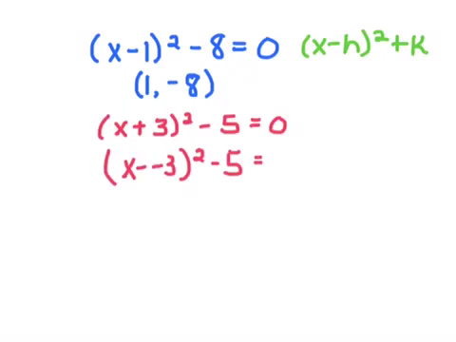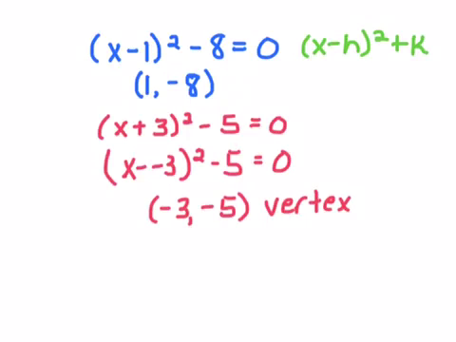That puts it in the form that we like, x minus h squared plus k. So h in this case is negative 3 and k is negative 5. That's our vertex. Negative 3, negative 5. The vertex of the quadratic equation.